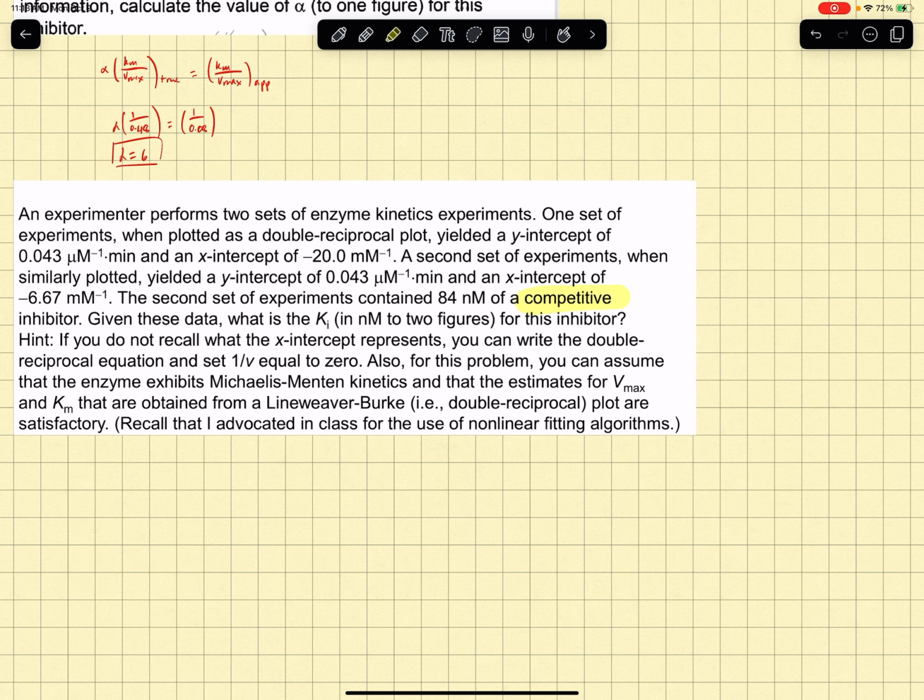So I know that I can use that fact to make this problem easier on myself. I have an x-intercept here, and I have another one here. He's also given me the concentration of the inhibitor, and he wants to find the Ki.